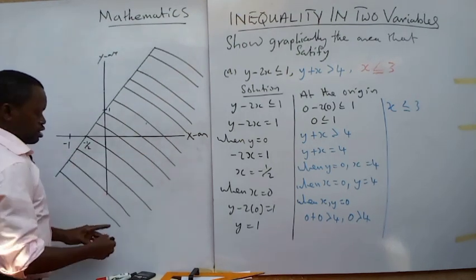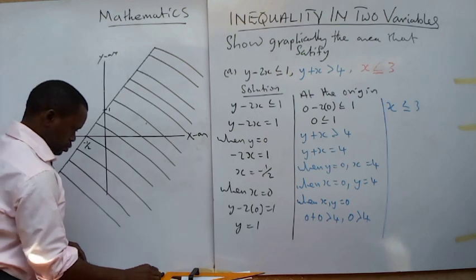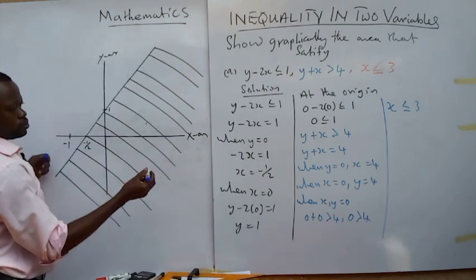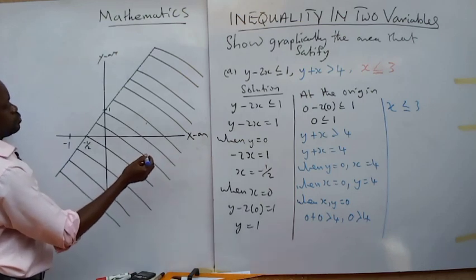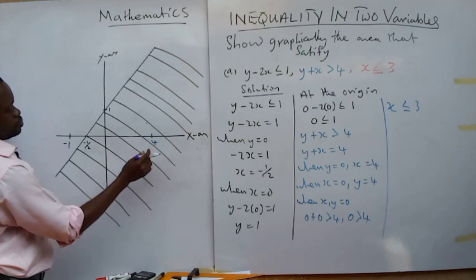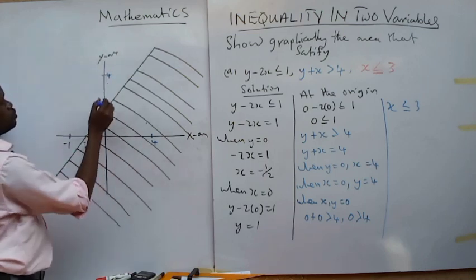Okay, now having done that, what about the other one? I will position 4. The x-intercept is 4. Let's say somewhere here. And the y-intercept is 4. Let's say somewhere here be 4.